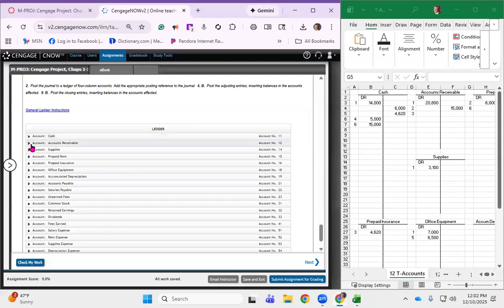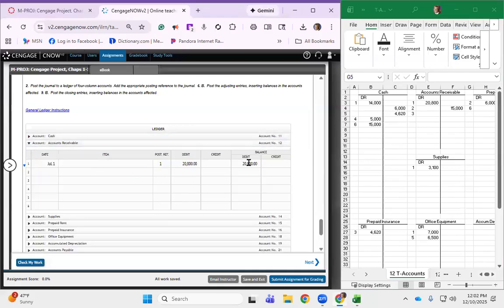Now go to accounts receivable. You'll see we already have a debit balance. So this is July 6th from page 1 of the general journal. Now we're going to make accounts receivable go down. So we need a new balance. Whatever's sitting there, subtract. You'll need a calculator handy.